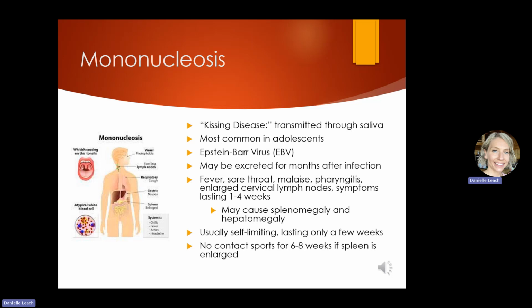In some instances, it can lead to long-term chronic fatigue syndrome. It can also cause splenomegaly and hepatomegaly. And because of this, if the spleen is enlarged, we do need to limit contact sports for about 6 to 8 weeks to avoid any injury to the spleen.